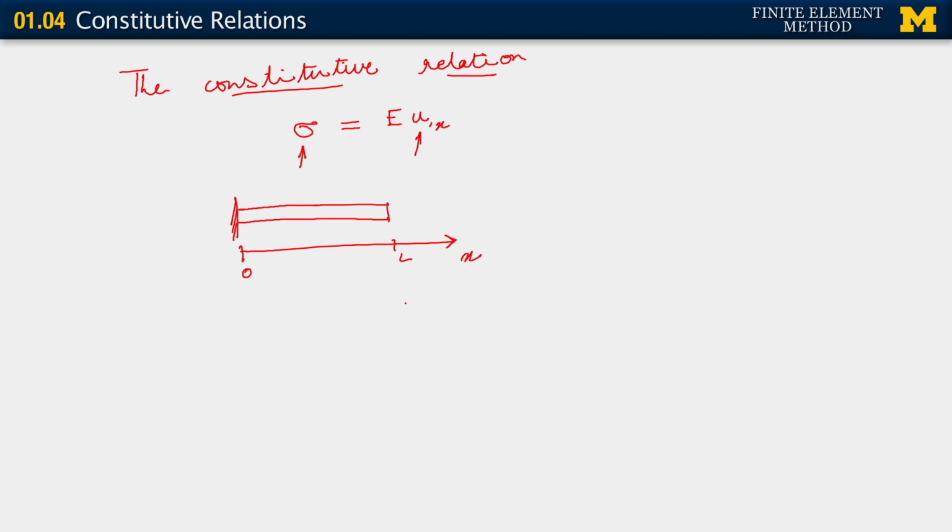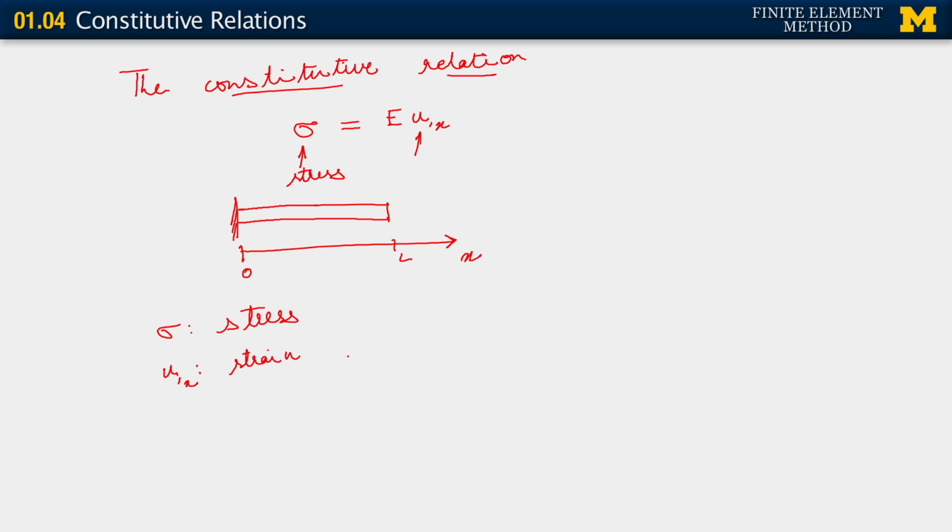In that context, sigma is the stress, and it is related not to the displacement itself, but to the gradient of the displacement, which in this setting of linear or linearized elasticity is the strain.